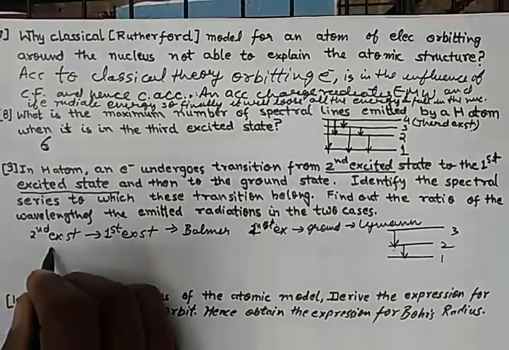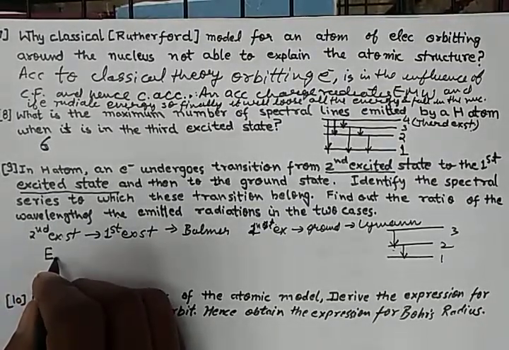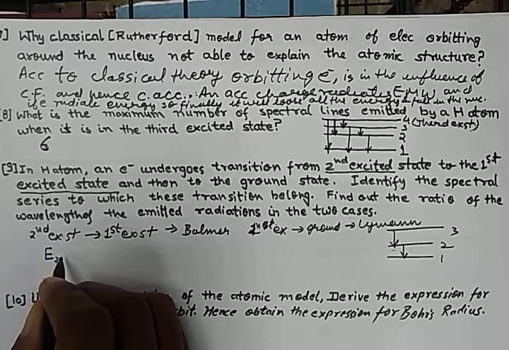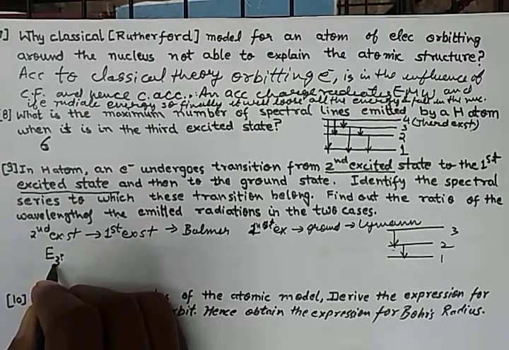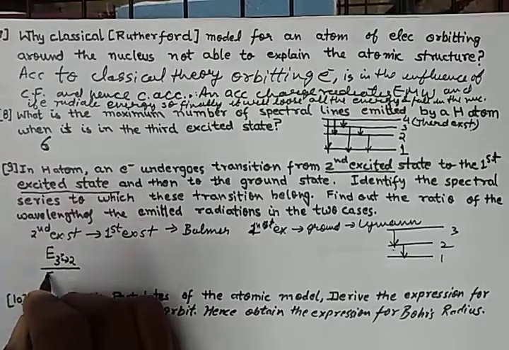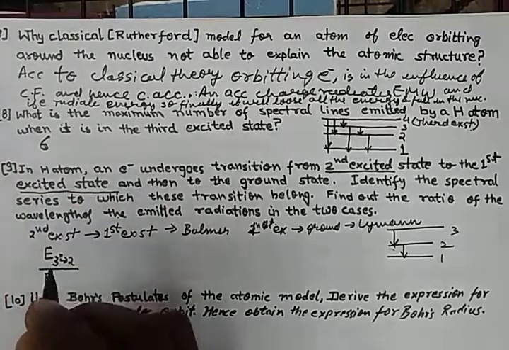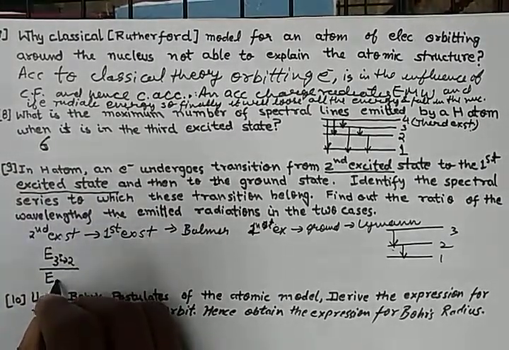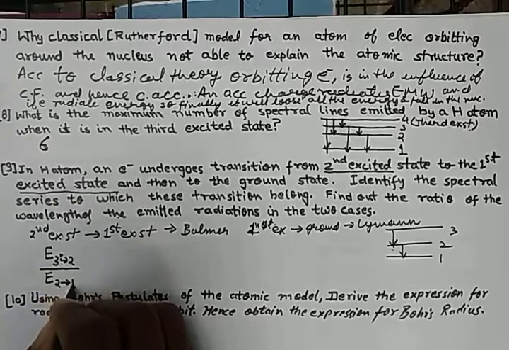Okay, so first transition, second excited to first excited, means E3 to 2, then first excited to ground, means 2 to 1.